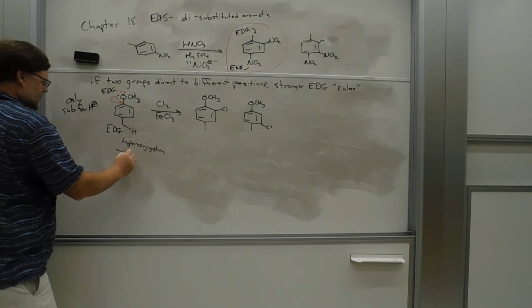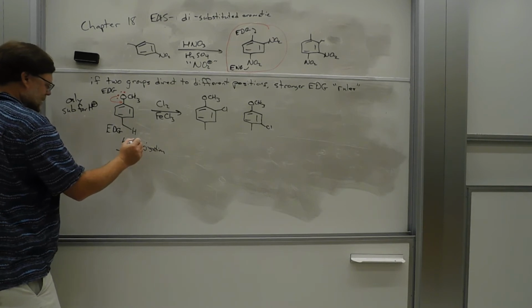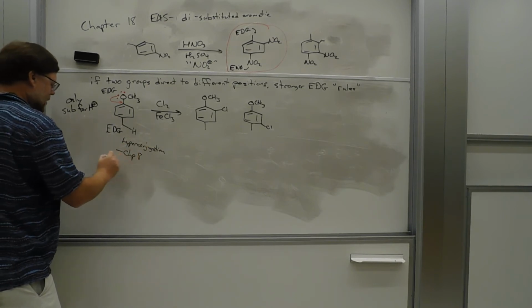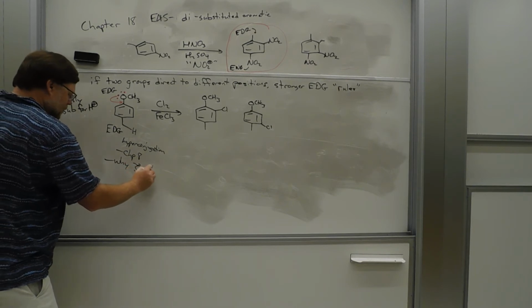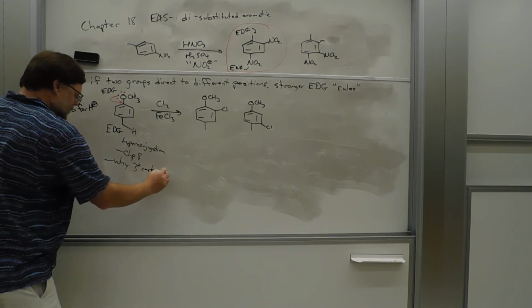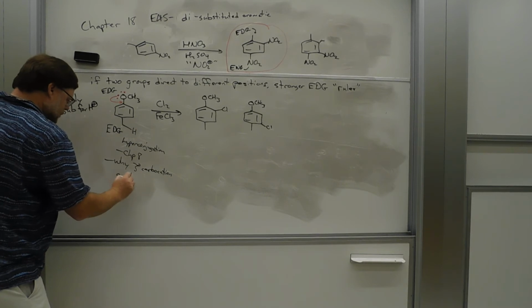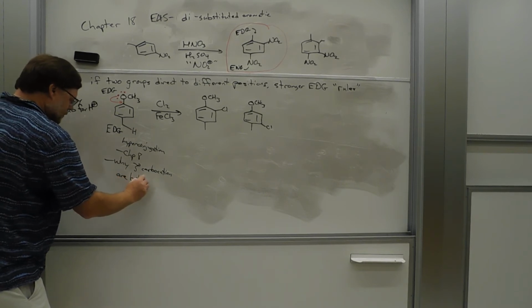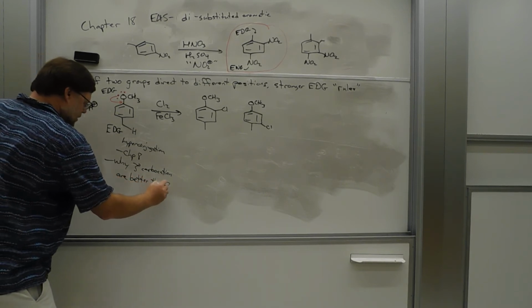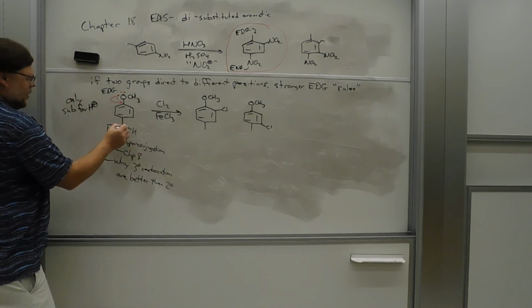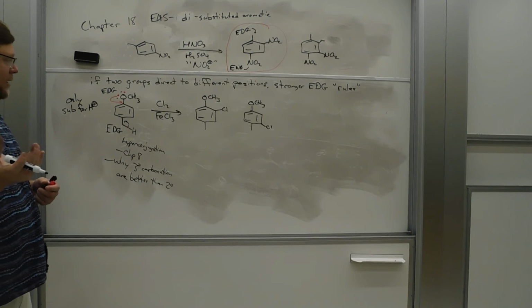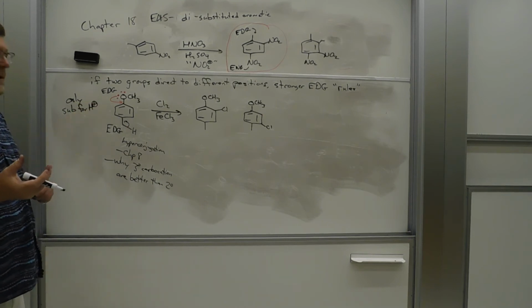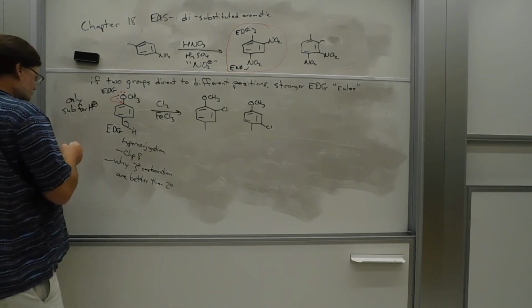I think it's in chapter 8, 7. It's why tertiary carbocations are better than secondary and so on. So the electrons that are being donated into the ring actually come from a bond. Electrons in a bond are going to be more stable than a lone pair.